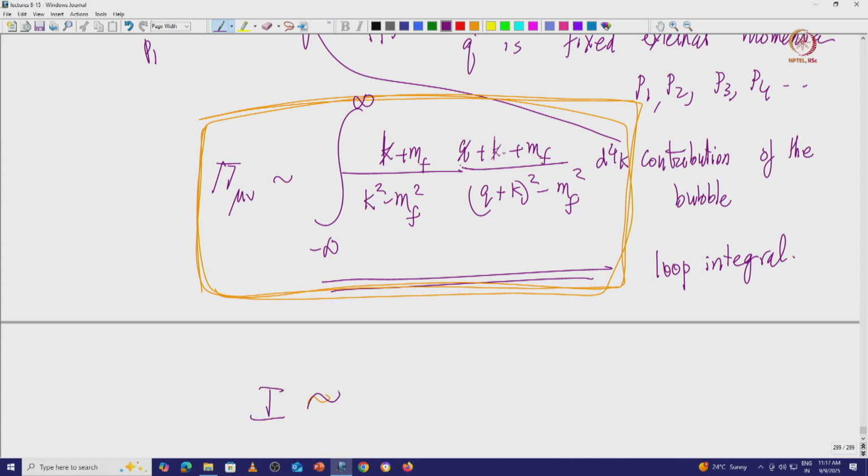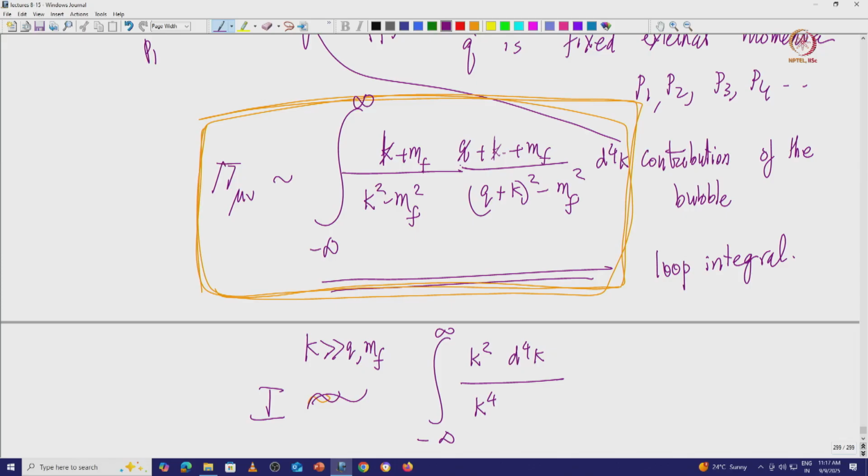The integral at large k has the form: integral from minus infinity to plus infinity of k square on the top, forget about everything else, d power 4 k by k power 4.